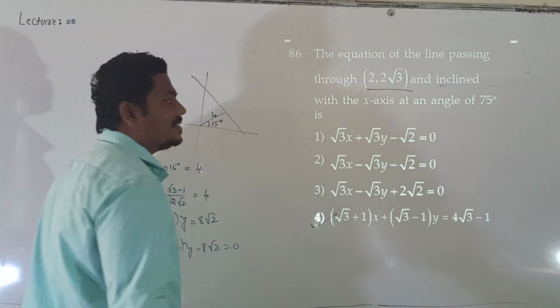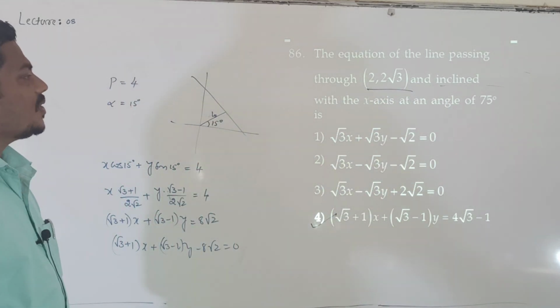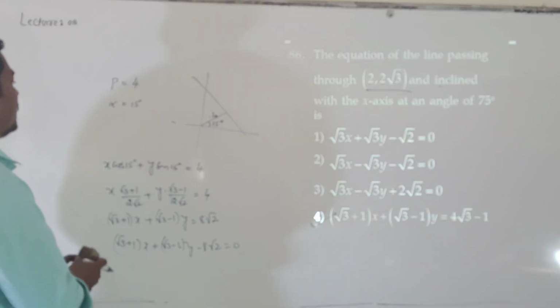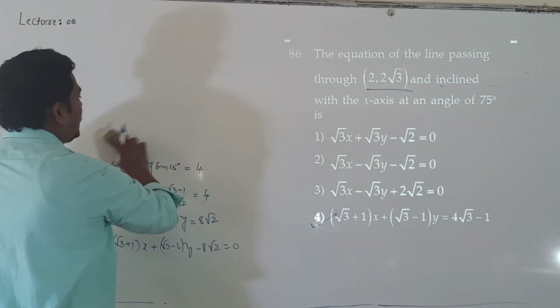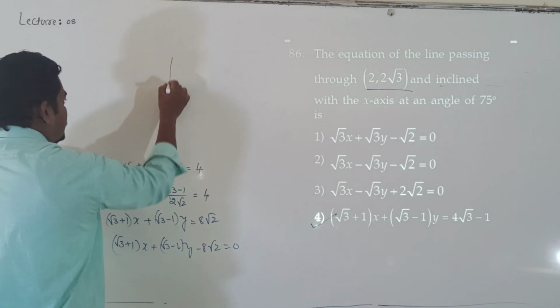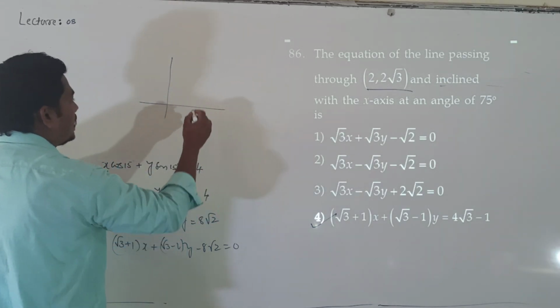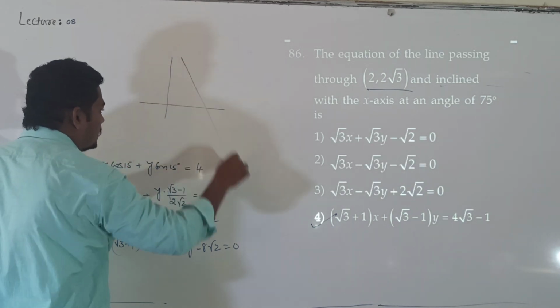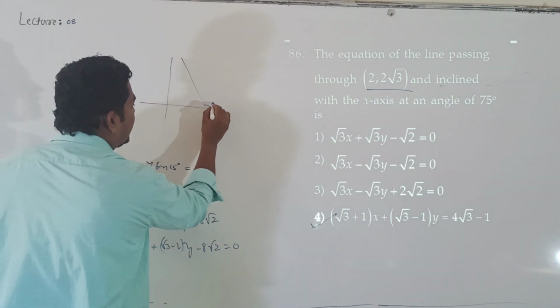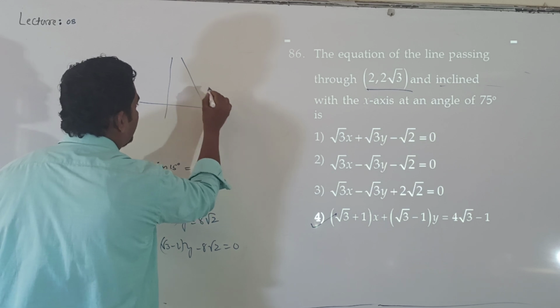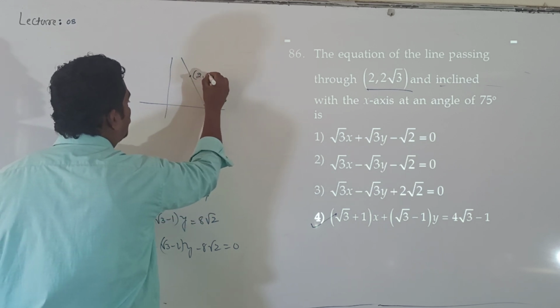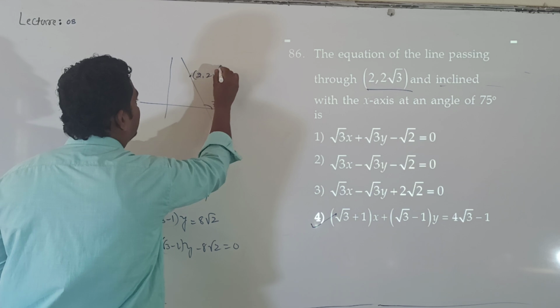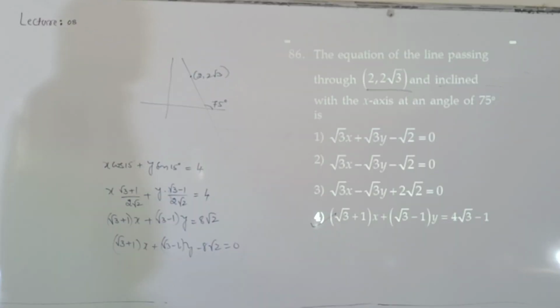Clearly this point is in the first quadrant. What is the situation? Just consider the 2D plane. This is our line. This angle they have given 75 degree and it passes through the point 2 comma 2 root 3, means clearly in the first quadrant.